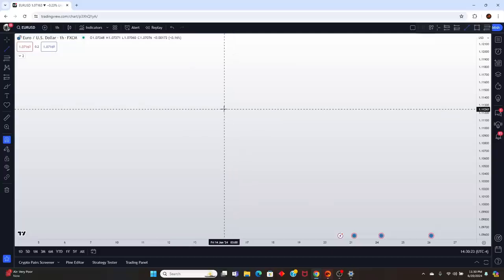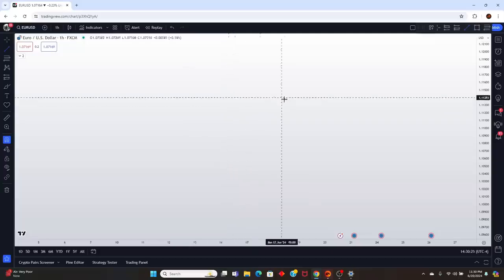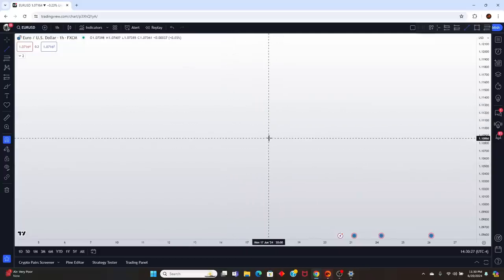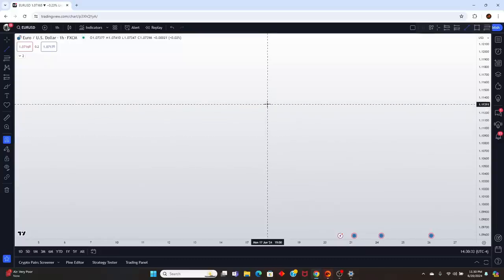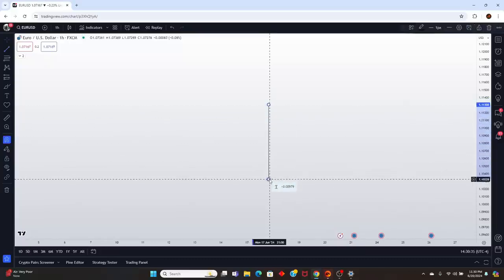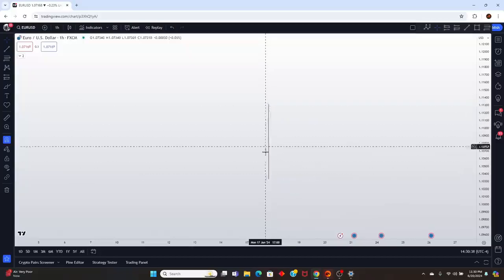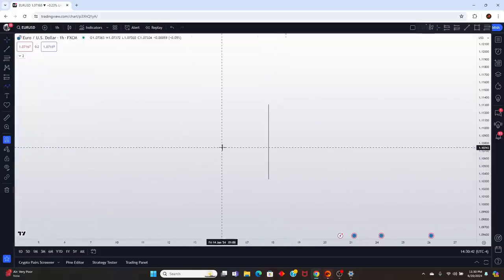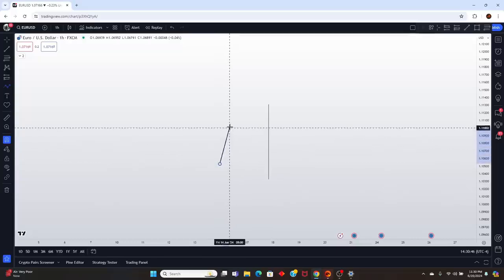Now, essentially what you want to do is before 20, so this is around 8 p.m., okay, not a.m., 8 p.m. So before 8 p.m., right, this is the 8 p.m. time, the 8 p.m. open. We want to mark out the most recent high and most recent low on the 15-minute time frame.